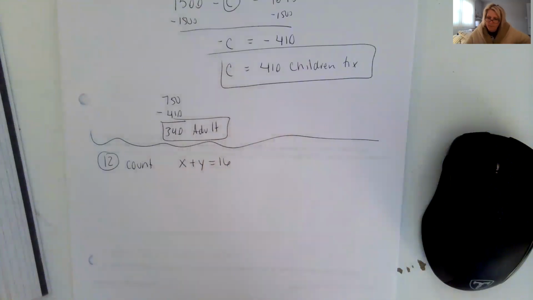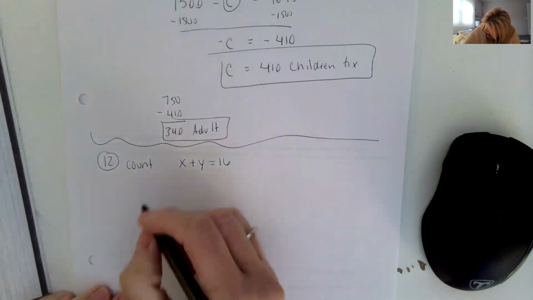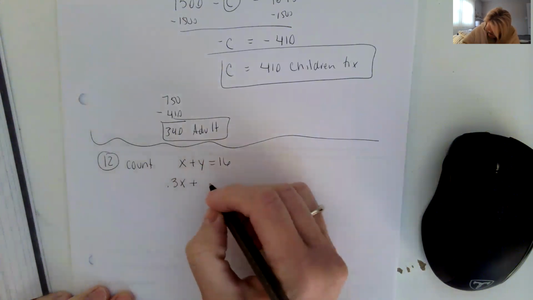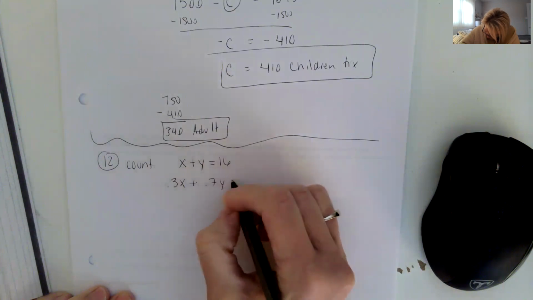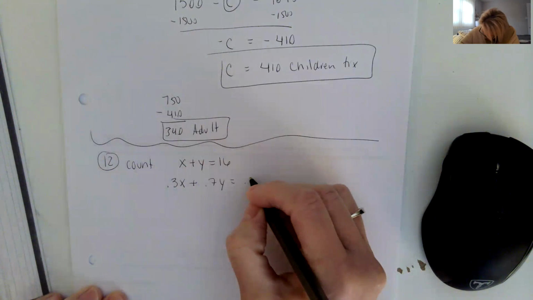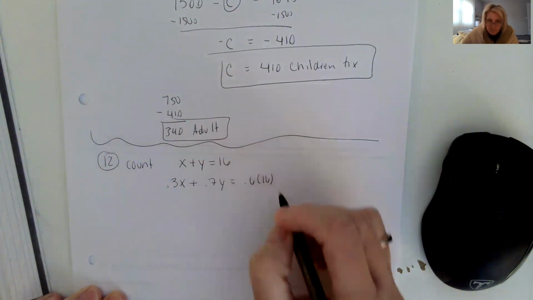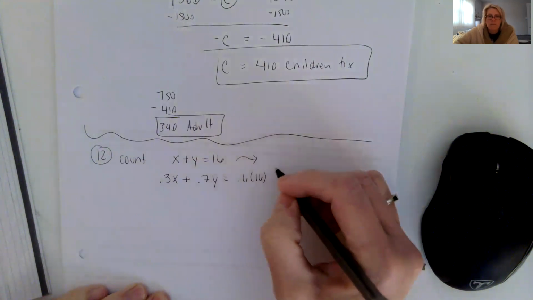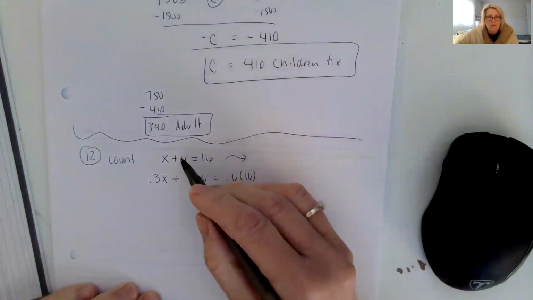We know that. And then we know that one of them is 30%, so 0.3 times x. The other one is 70%. And our final solution is 60%, so we have to multiply 0.6 times the 16. And then I'm going to use substitution.